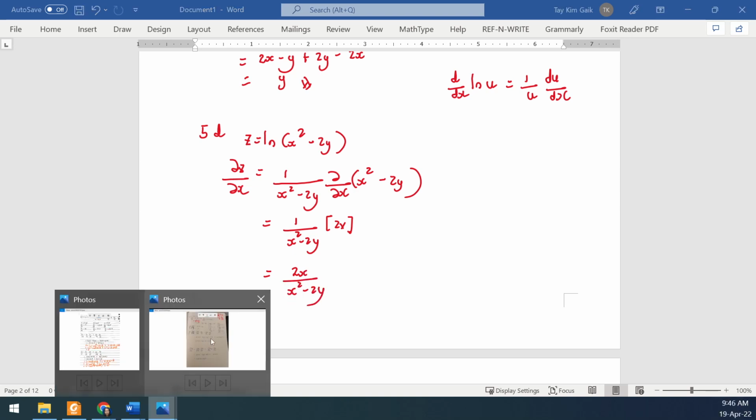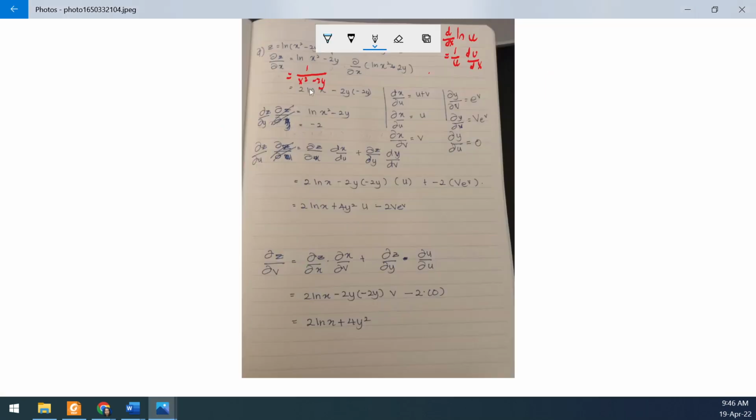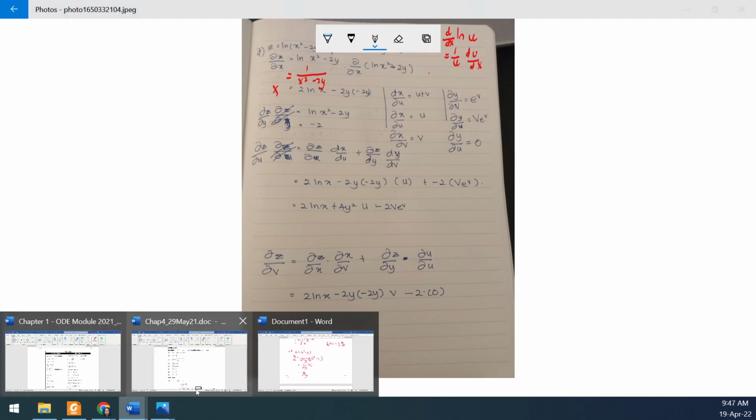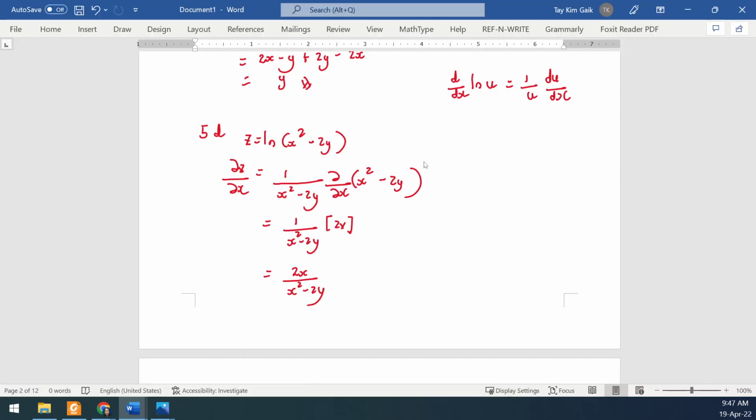Okay, look at your one. So your del z del x is wrong. Use d/dx ln u is 1 over u du dx.